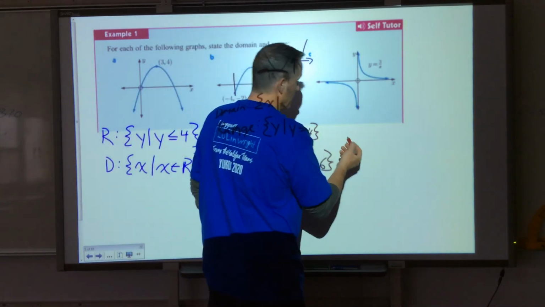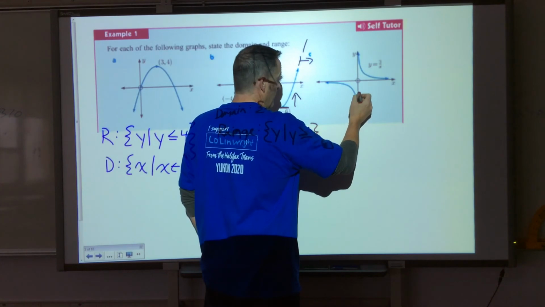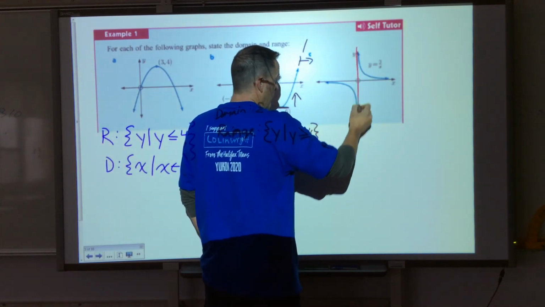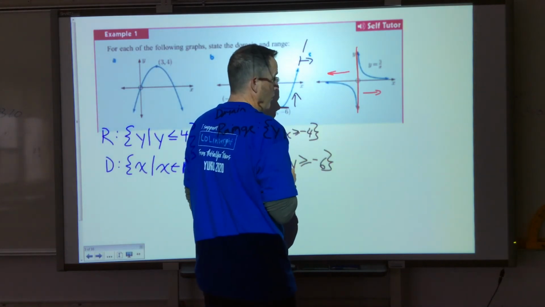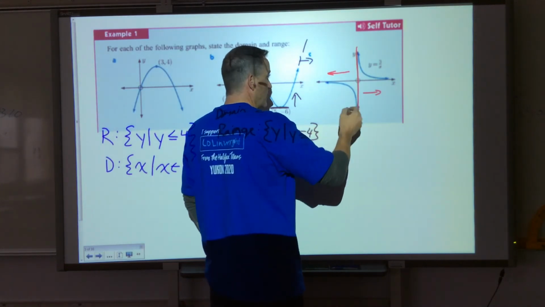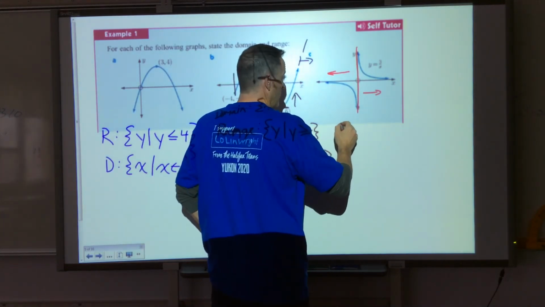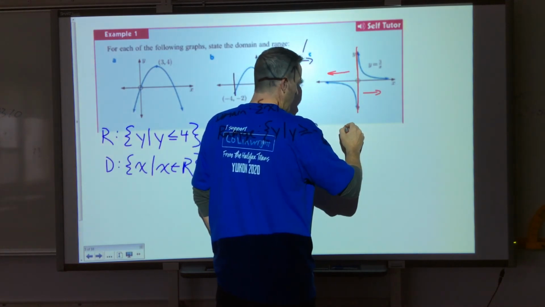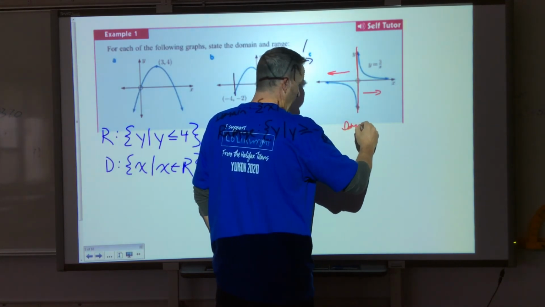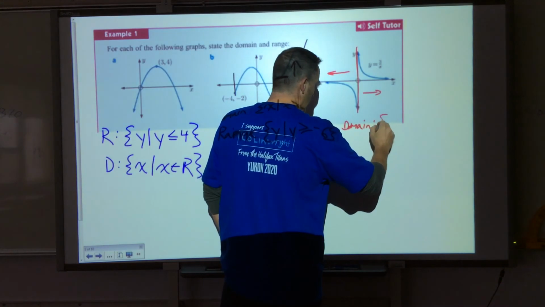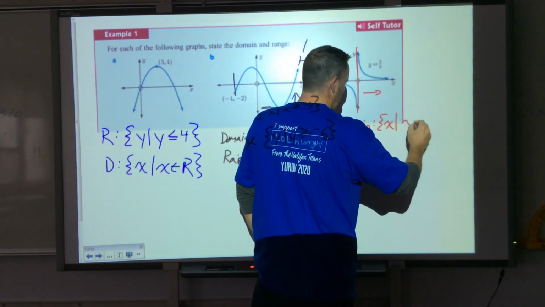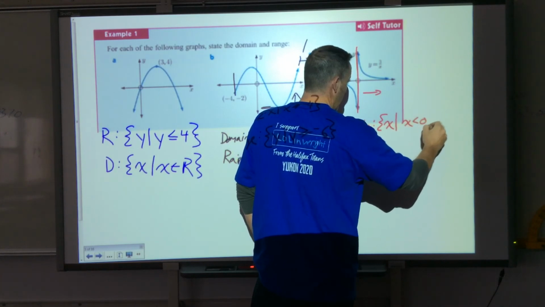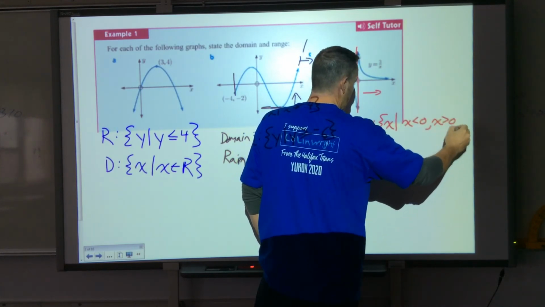In this case, we get something really interesting going on here. My x's are everywhere but 0. So my domain x is less than 0, x is greater than 0.